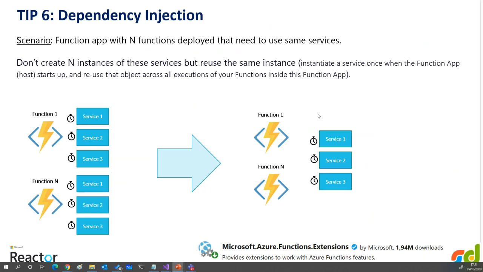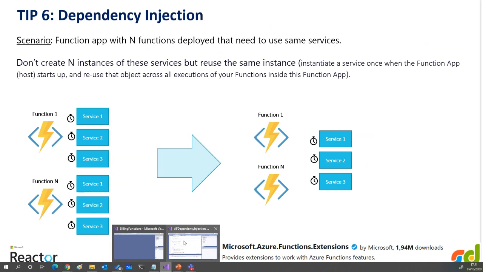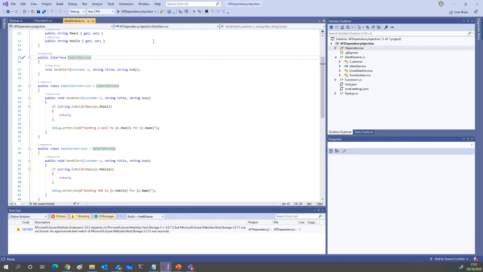There is a library in the Visual Studio or Visual Studio Code packages called Microsoft.Azure.Functions.Extensions that gives you enhanced features for Azure Functions, and one of these features is dependency injection. So to quickly show you how to do that, here I created a function.